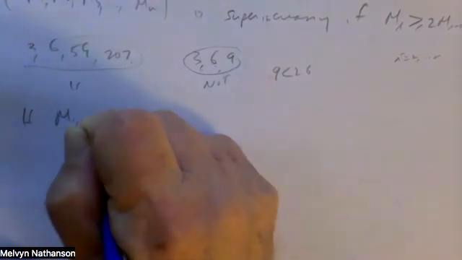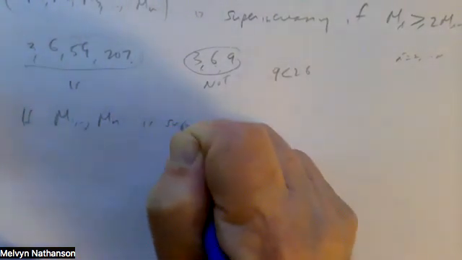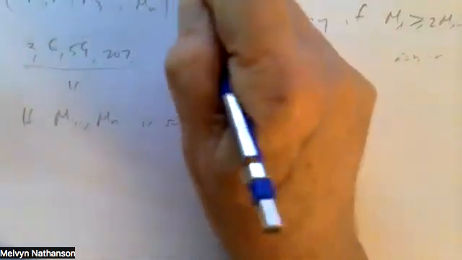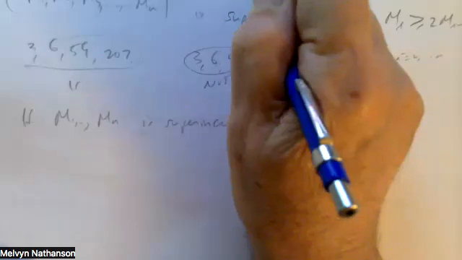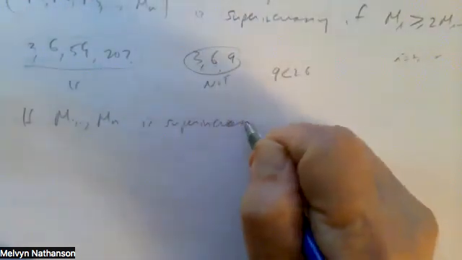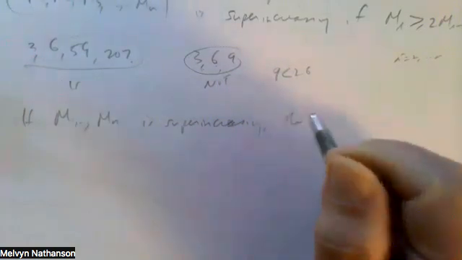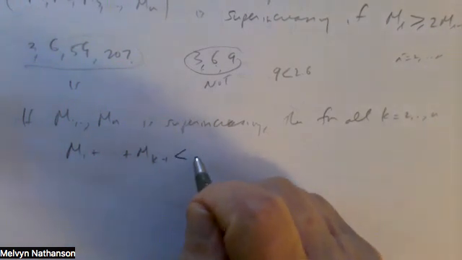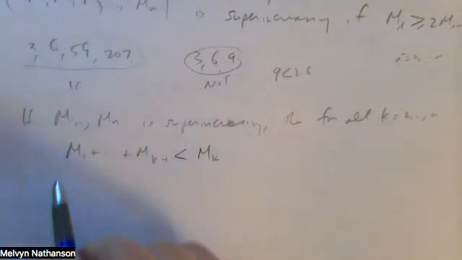If M1 up to Mn is super increasing, these are positive integers, then in fact, for all k from 2 up to n, if you take the sum of the first k minus 1 numbers, this is always strictly less than the kth number.